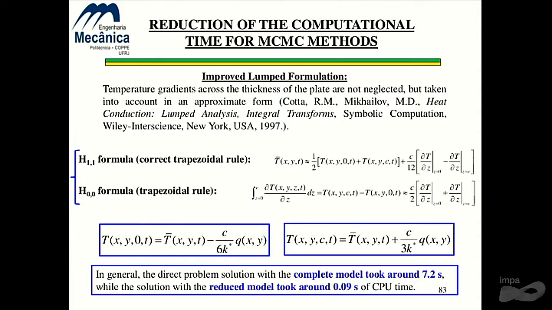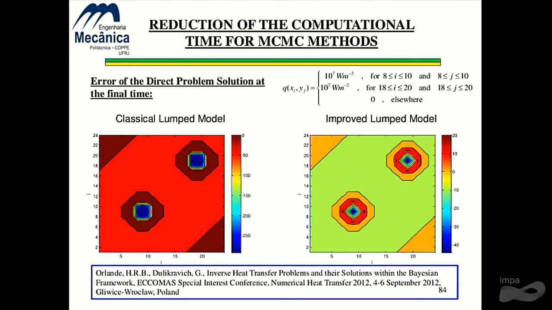The complete model takes 7.2 seconds, and this reduced model takes less than 0.1 second. So it's much faster. But when we look at the error between the solution of the complete model and the reduced model, for a case with these two heat sources here, for the classical lumped model you see we have errors of about 250 Kelvin.